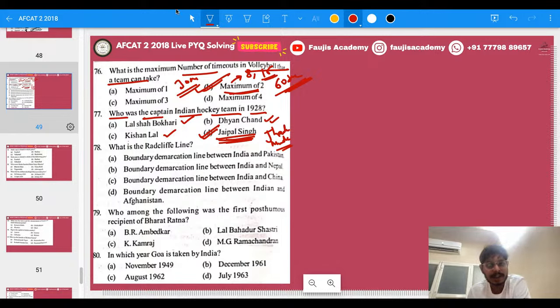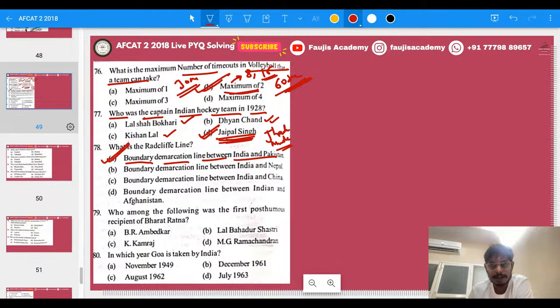Radcliffe line. Radcliffe was the person behind dividing India and Pakistan into two different geographical regions. So it was the boundary demarcation line between India and Pakistan.